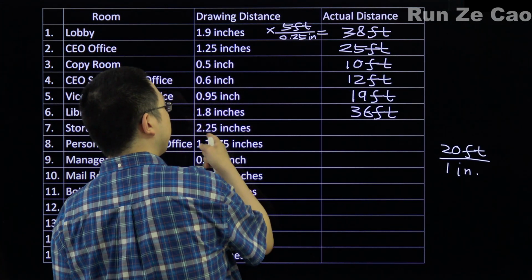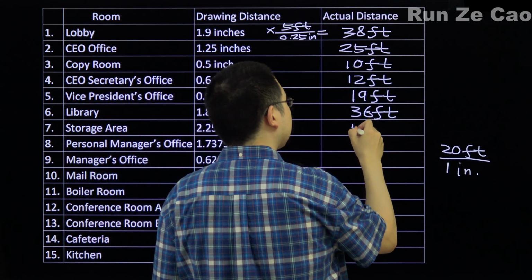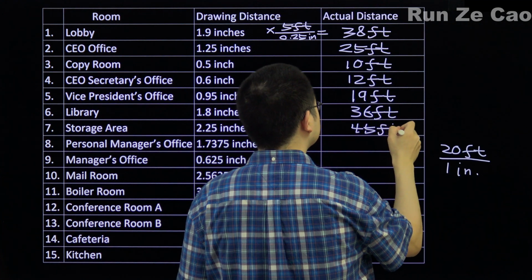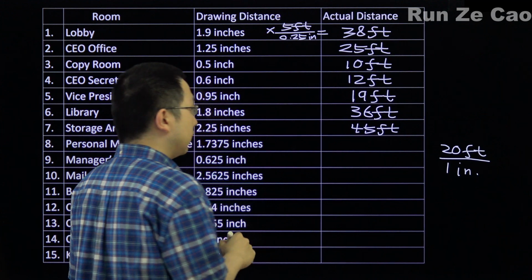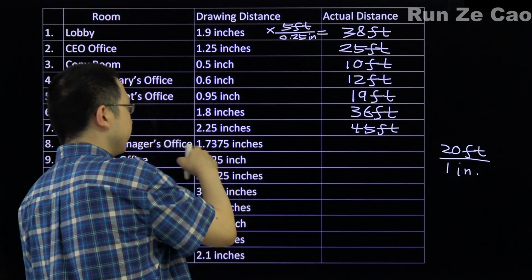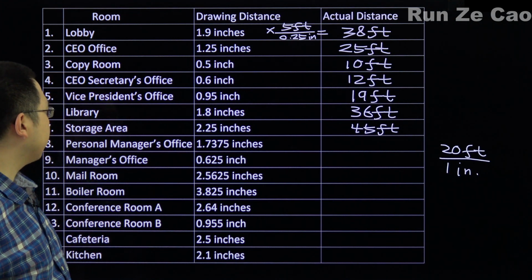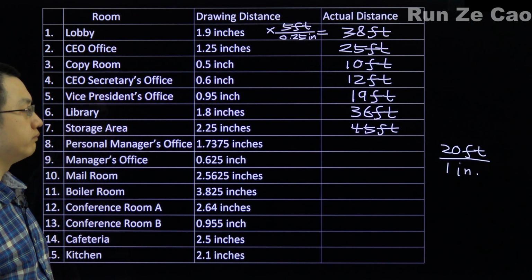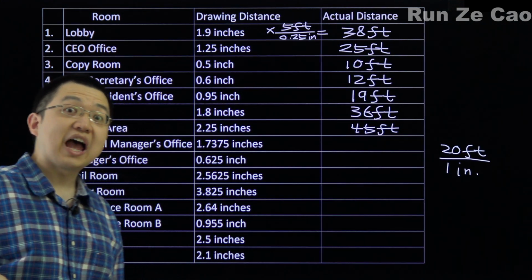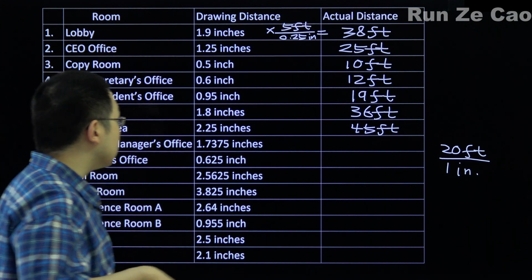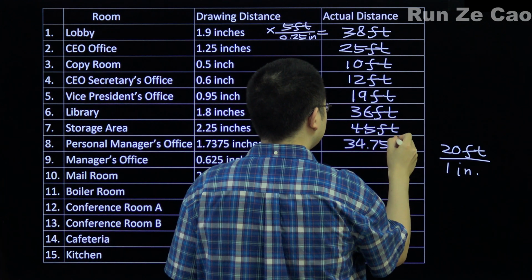That's 2.25 times 20, which gives you 45 feet. 1.7375 inches at 20 feet per 1 inch. This number multiplied by 20 is what? Oh, it's 17.375 times 2. 0.375 times 2 gives you 75. So you're dealing with 34.75 feet.